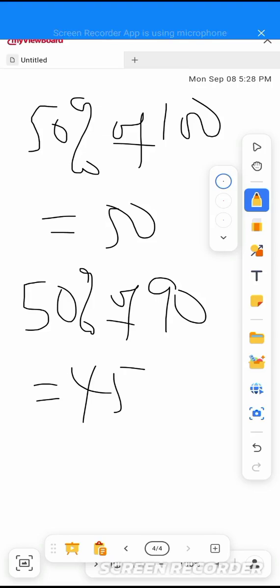Why? Because I know that 50% represents half. So I'll just divide 90 by 2 or multiply 90 by half. That is just it, and I'll get my answer. 50% of 100, I know that 50% is the same thing as saying half. So it's just like saying half of 100 or 100 divided by 2, and that is what? 50. So let's move on to the next trick.